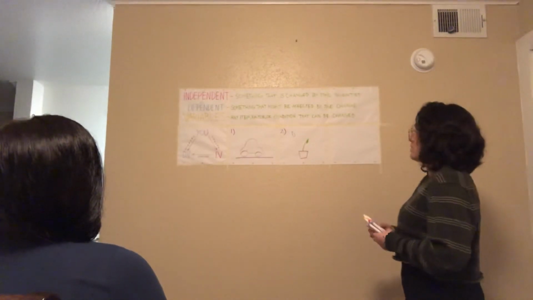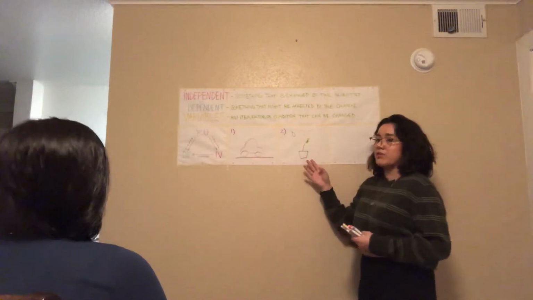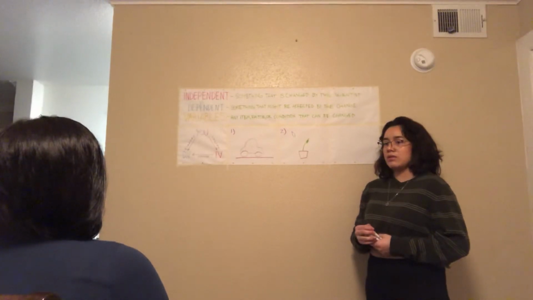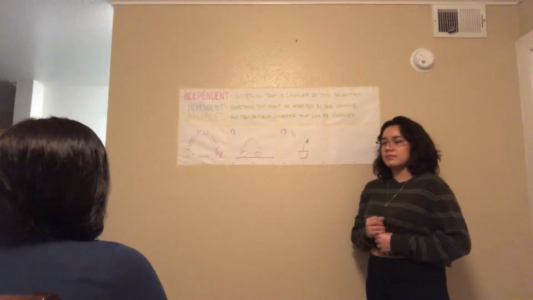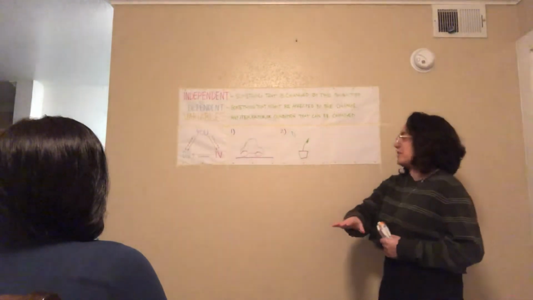So the two variables of the situation, of course, would be the amount of water and the plant growth. So what do you think is the independent variable? Independent variable is going to be the plant growth. No, I'm sorry, the water. Alrighty, so yeah, great job catching yourself there.